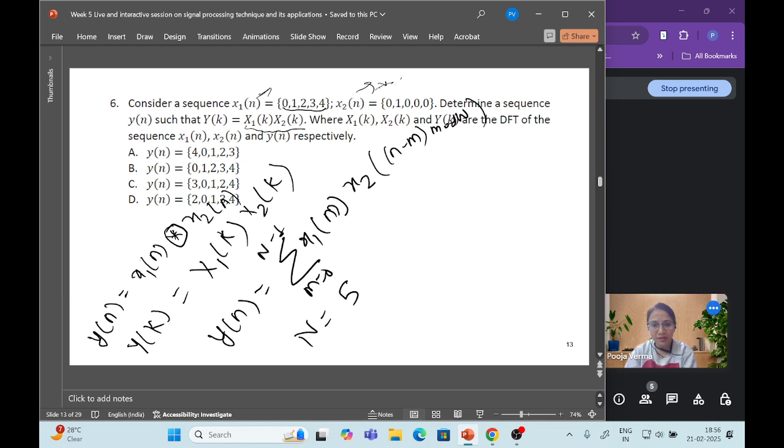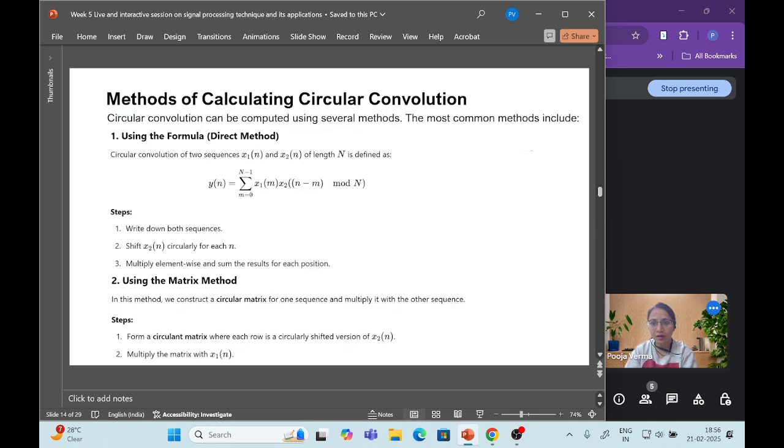One is the matrix multiplication method. The second one is a direct formula method. You can directly calculate from the formula. I have added one slide for that. One way, you calculate directly from here only.